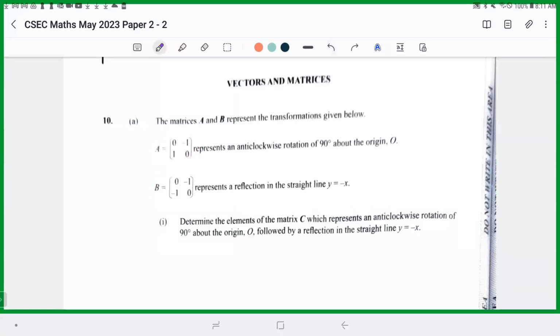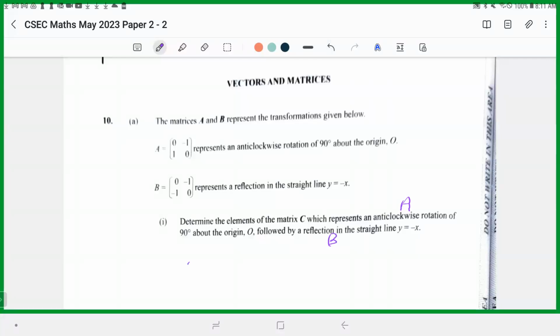Question says determine the elements of matrix C, which represents an anticlockwise rotation about the origin of 90 degrees. So they're talking about A right here, followed by a reflection line y equals x. So they're talking about B right here.